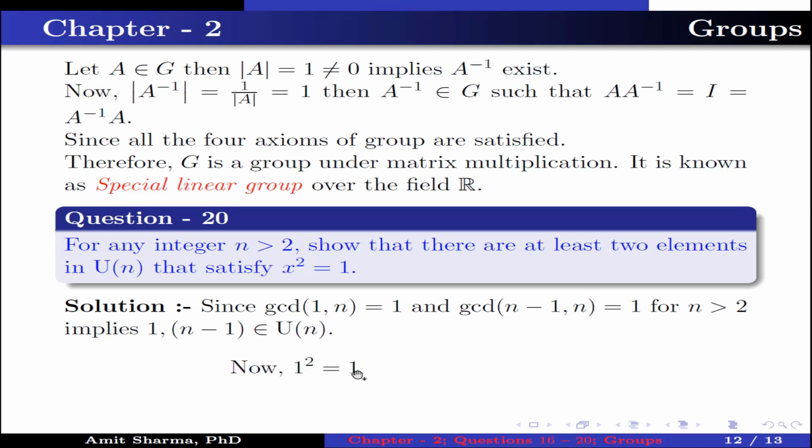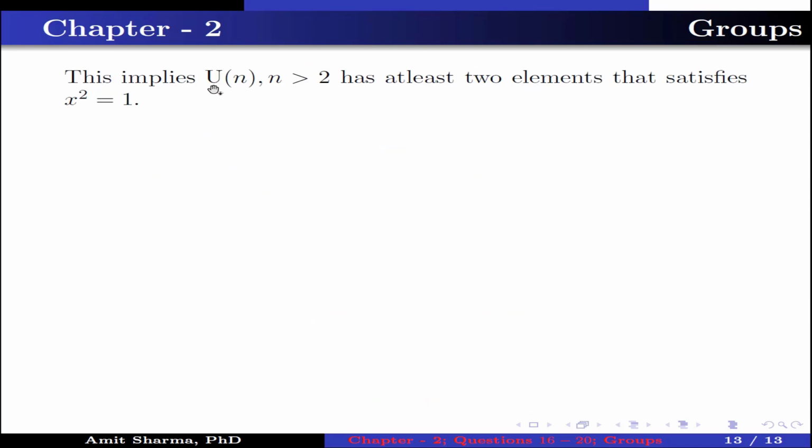Now, 1 squared is equal to 1 under multiplication mod n, and (n minus 1) squared is equal to n squared plus 1 minus 2n, which is equal to 1 under multiplication mod n. Why is it so? Because when we divide n squared and 2n by n, we get remainder 0. This implies U(n), when n is greater than 2, has at least 2 elements that satisfy x squared equal to 1.